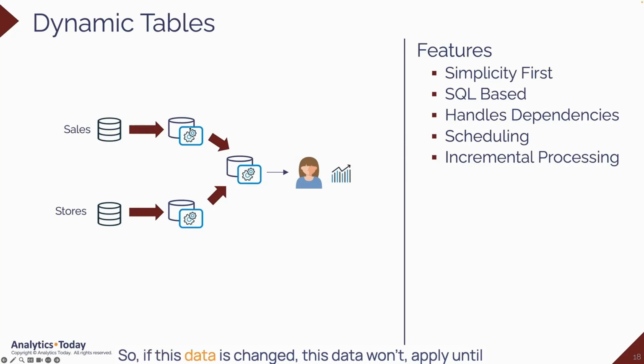So if this data is changed, this data won't apply until all of its dependencies are consistent with each other. Automatic scheduling is built in, and it'll also do incremental processing. So you have the choice of, if there's only one row changed in the sales, it'll only be one row that gets processed into here, and then likewise.